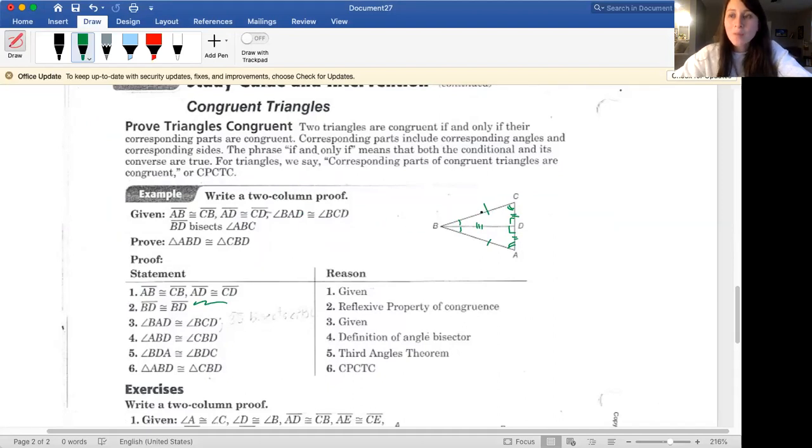So I have to name all the parts and all the sides, like all the angles and all the sides, and say that they're all congruent and corresponding. Then I can say that those are congruent. So let's do this proof.